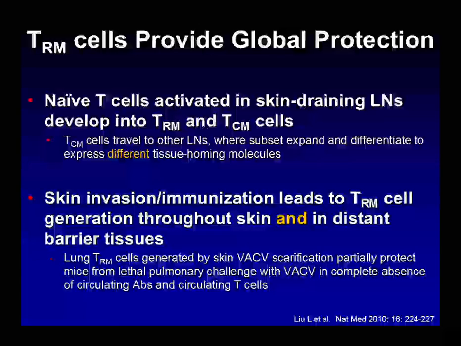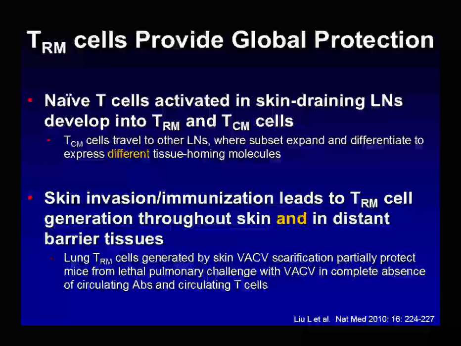So a skin invasion or immunization will lead not only to abundant accumulation of resident memory T cells specific for that pathogen in the skin, but also other barrier epithelial surfaces will be populated with some of those cells.